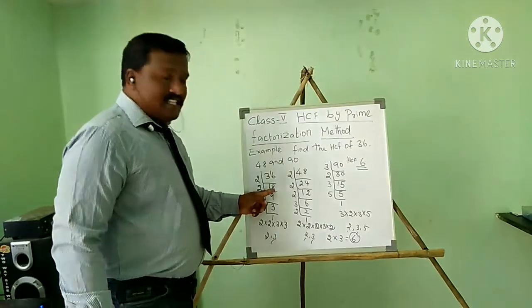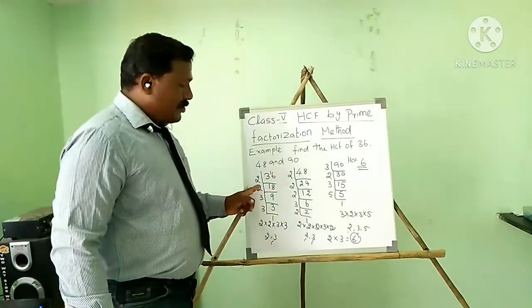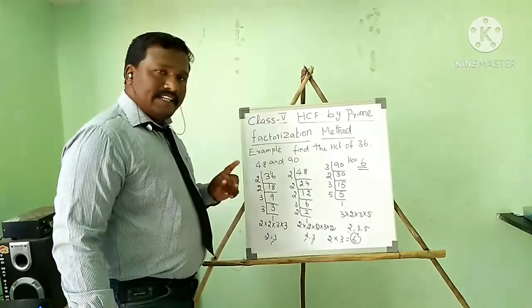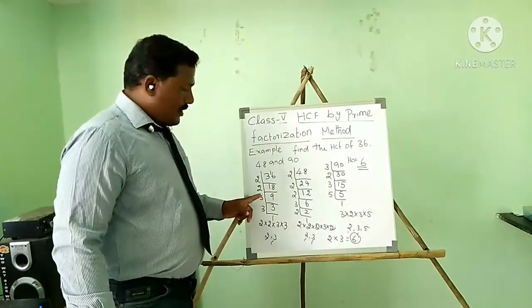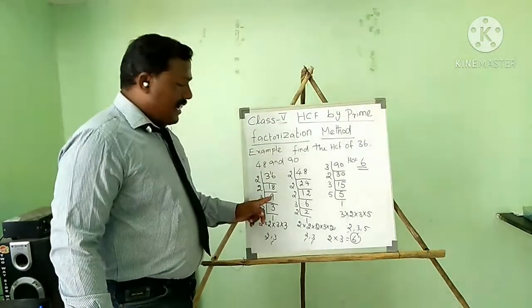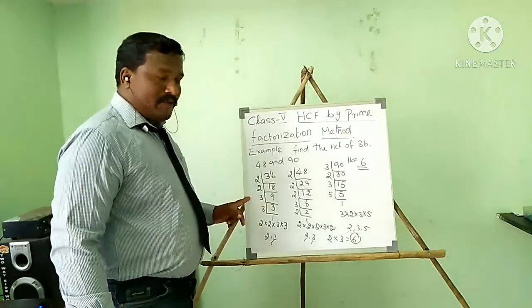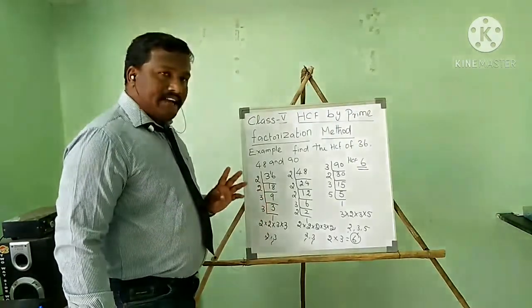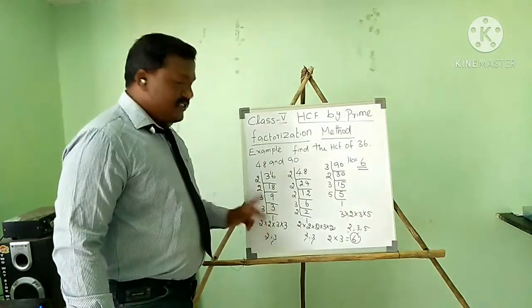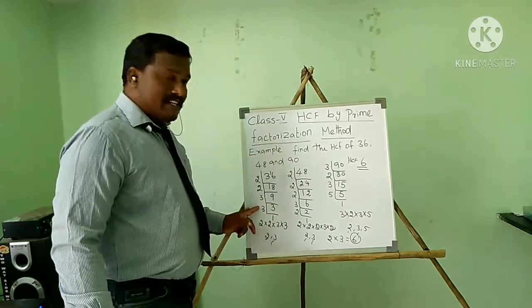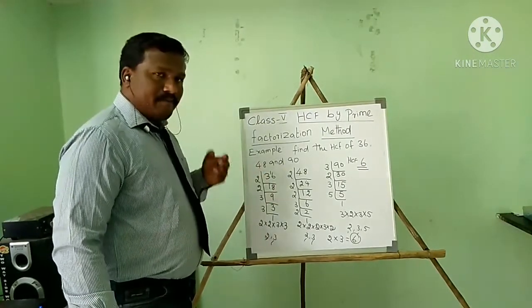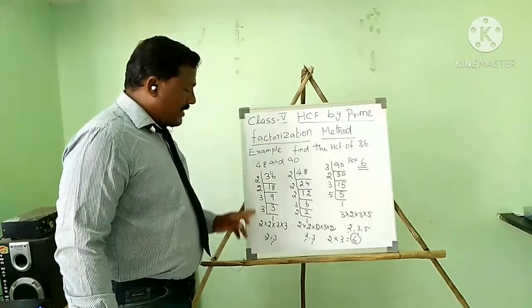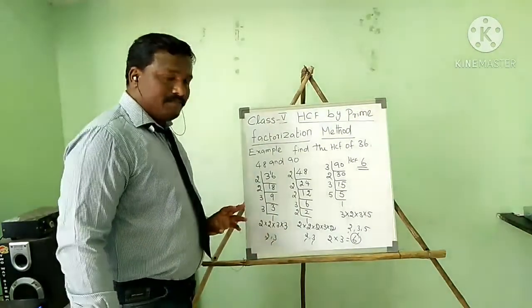Last digit 8, so we can divide by 2. So 2 9s are 18. Now we can divide by 3, because 9 is divisible by 3. So 3 3s are 9. So 3 1s are 3. So these all are factors of 36. You have to take these and write all the factors.